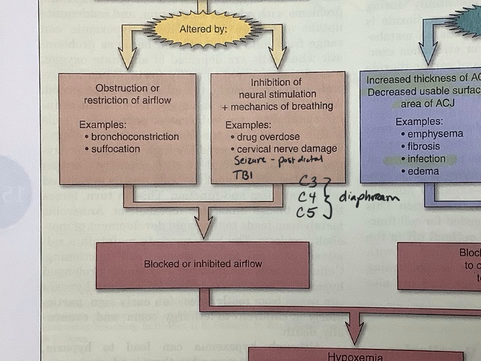But what that means is that somebody has an injury to their spine that is, say, down below at like C7, right? Are C3, 4, or 5 impacted?